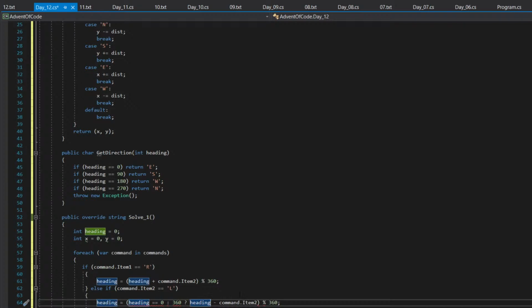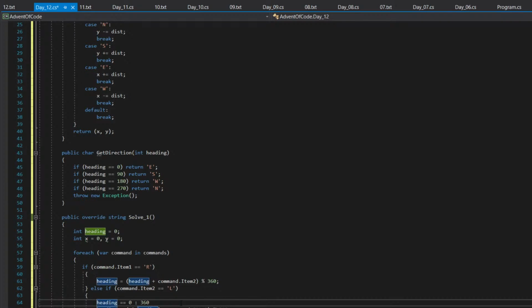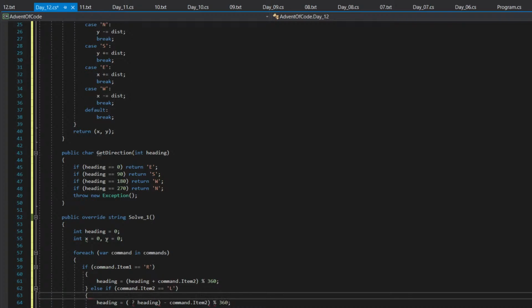What? Yes, I want a ternary. Okay, let's do this first. Oh, I'm doing the ternary wrong. I don't know why I wrote that. Question mark first. So, there we go.